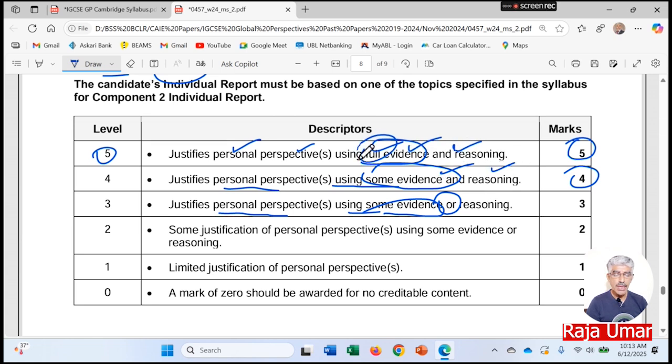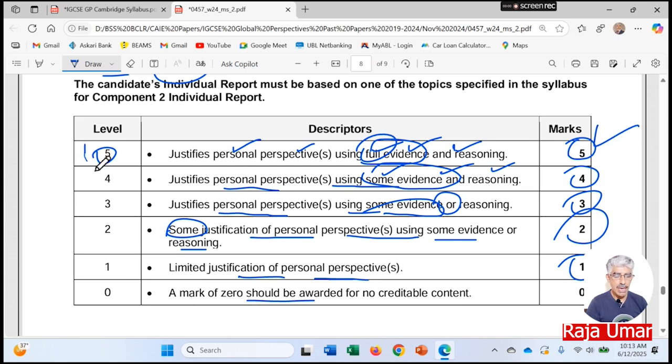And if only evidence is available or only reasoning is available, then 3 out of 5. Some justification of personal perspective using some evidence or reasoning, so here comes some justification, 2 marks out of 5. Limited justification of personal perspective, only 1 mark, and 0 marks if no really credible answer or content is given. Again, you are supposed to focus on the highest level, that is level 5, to attain these 5 marks.